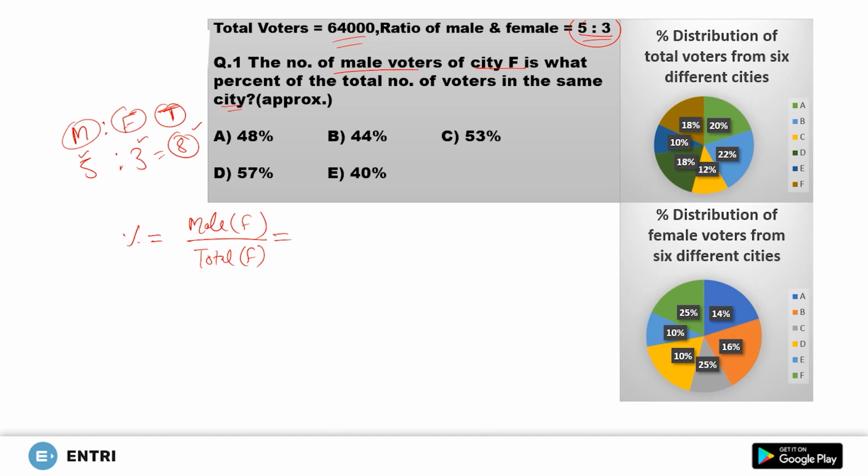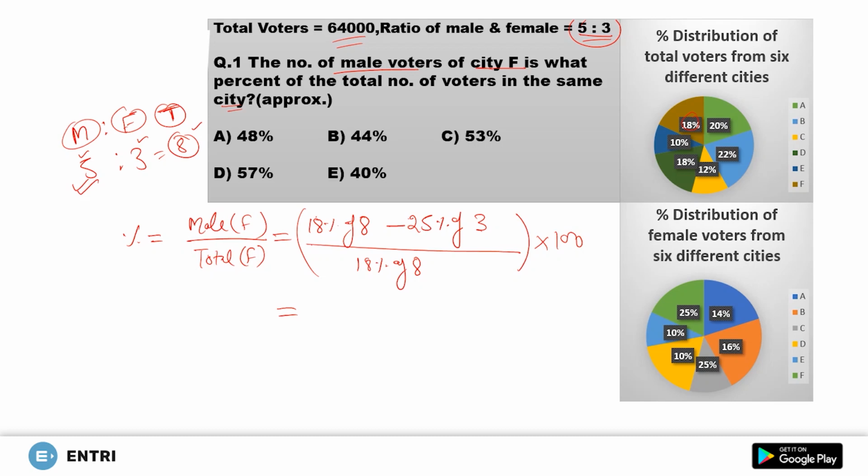So can you say 18% of 8 minus 25% of 3, divided by 18% of 8, into 100. I hope you are getting my point. So you just need to use this ratio and you will get the answer.